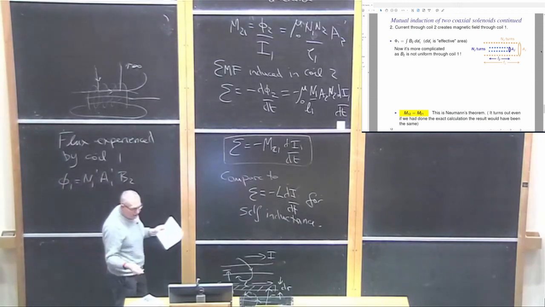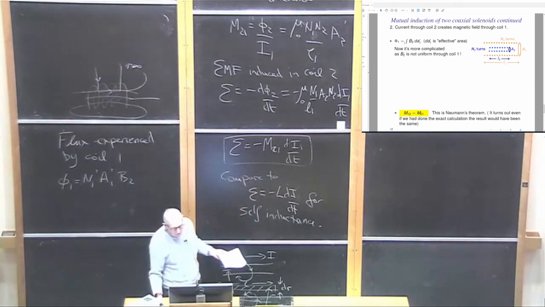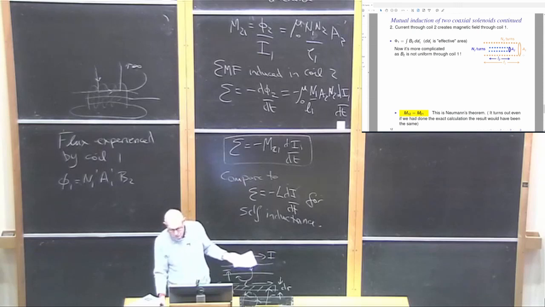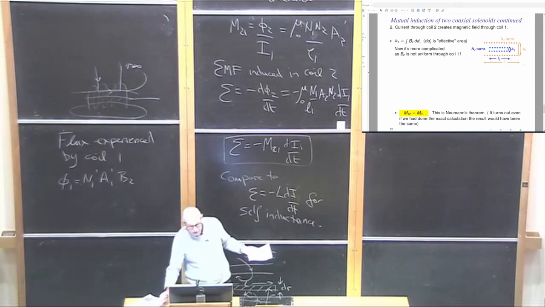So what are these primes? It's like the flux of 1 is the field of B2 times the effective area that coil 1 experiences.